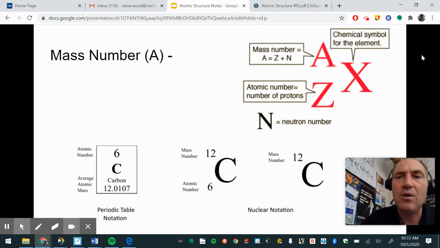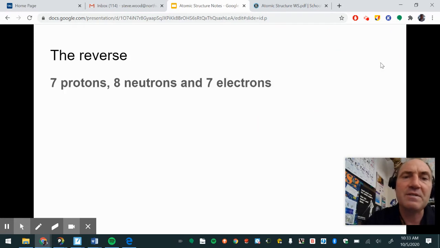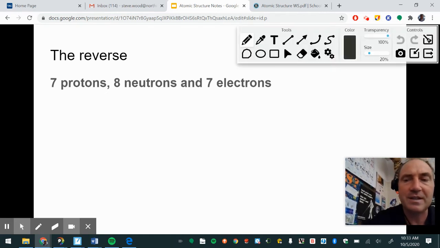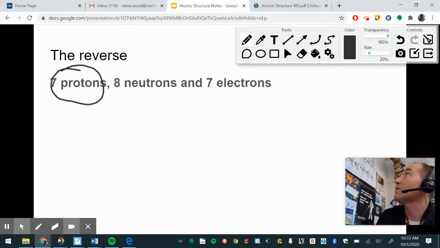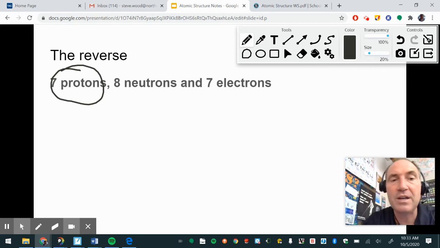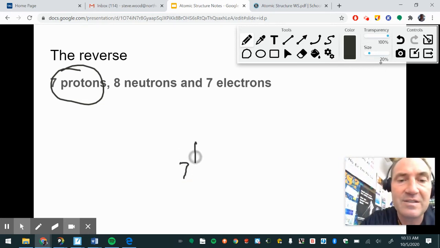Okay, so that being said, you're going to have to take something like this and reverse it and write the complete chemical symbol. Again, we're going to go over all this in class, a little bit more review. This tells you what atom it is. So does everyone see on your periodic charts that 7 is nitrogen?